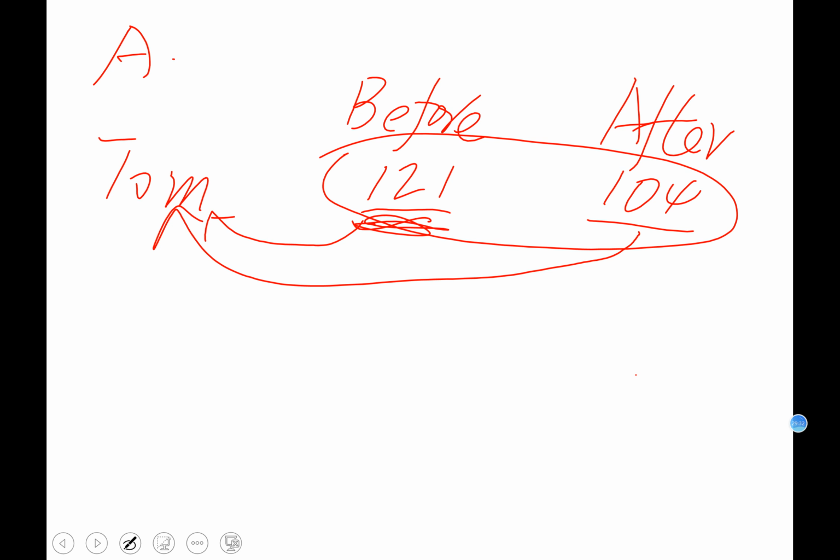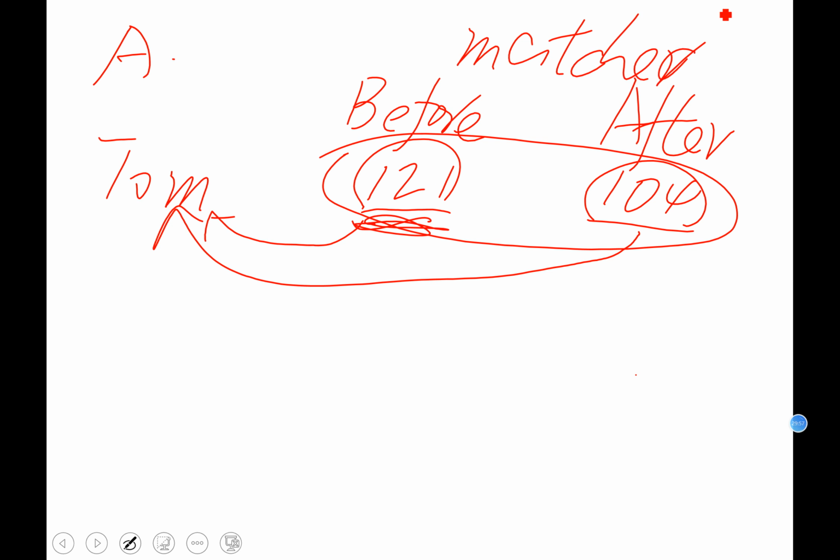So before and after the medicine, the two numbers are from the same person or the same individual. We say that these two numbers are matched, because they come from the same person.